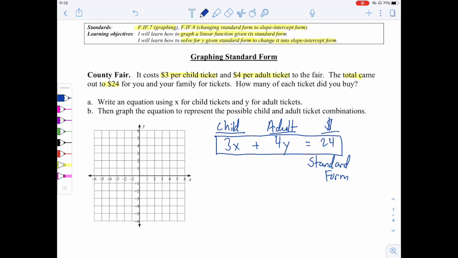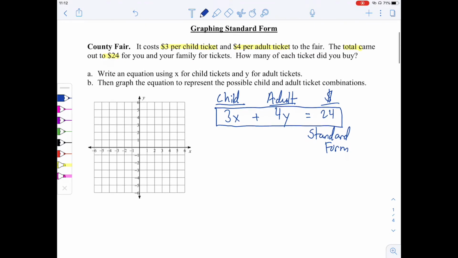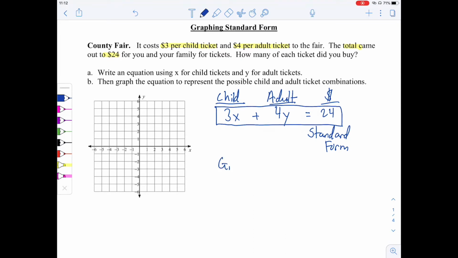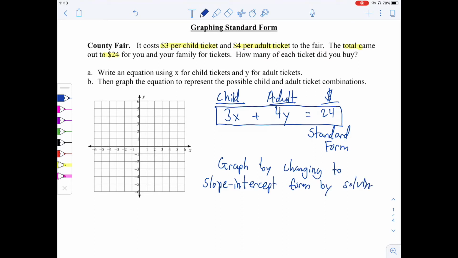We're going to graph these by changing it to slope-intercept form, by solving for y.